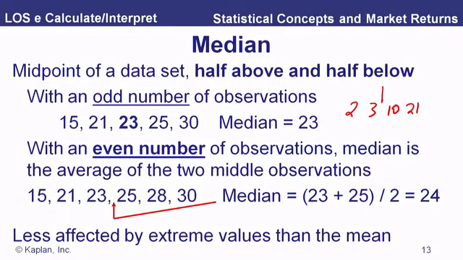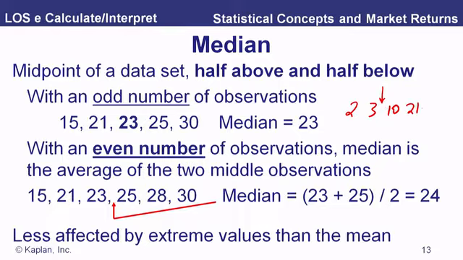Well, our median's going to be right there. Now the mean of these, if I added them up, what have we got? 2 plus 3 is 5, and 10 makes 15, and 21 makes 36. So our mean is 9. And our median is the midpoint between 3 and 10.